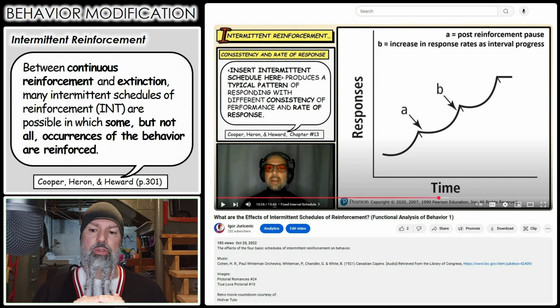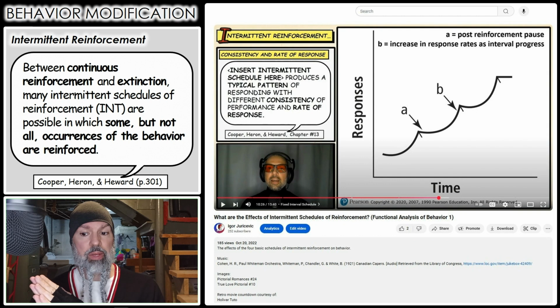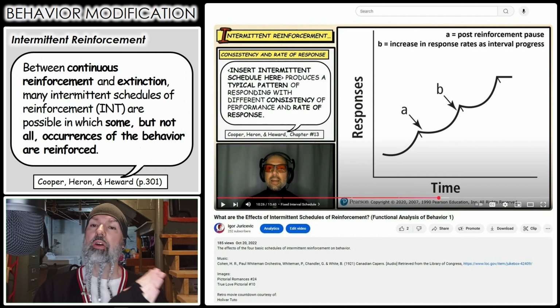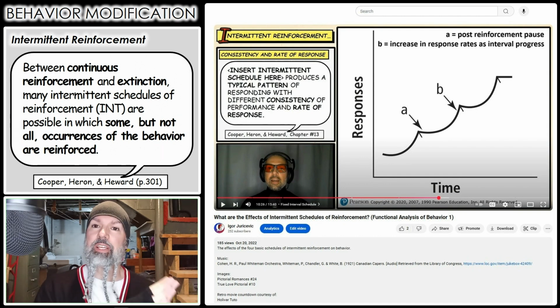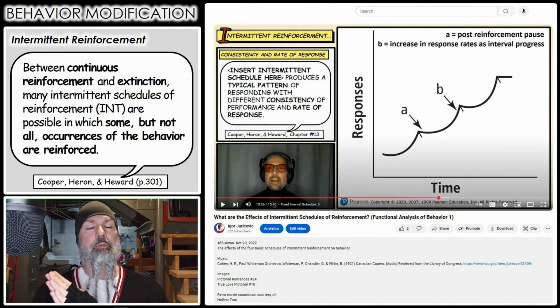And what we're going to do today is take a look at one of the implications and applications of intermittent reinforcement, which is how do you move from continuous reinforcement to intermittent reinforcement? So how do you go from reinforcing every single instance of a behavior to reinforcing only some of the instances of that behavior?